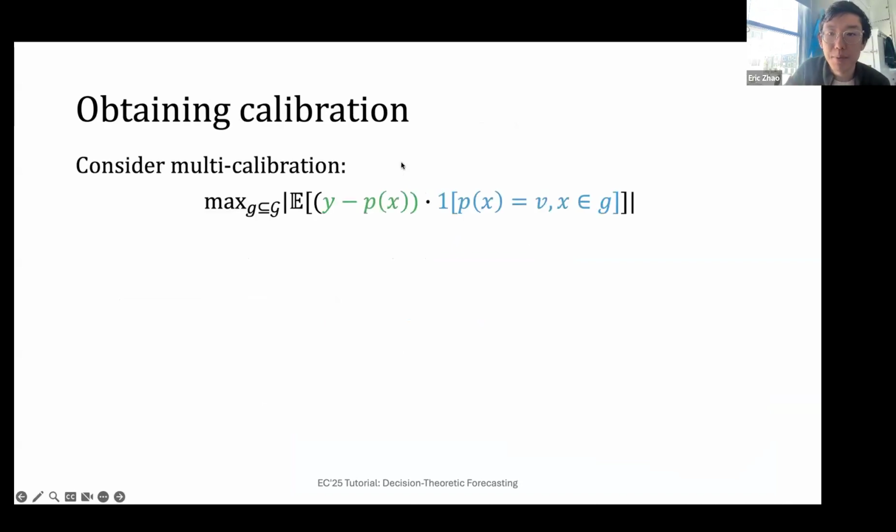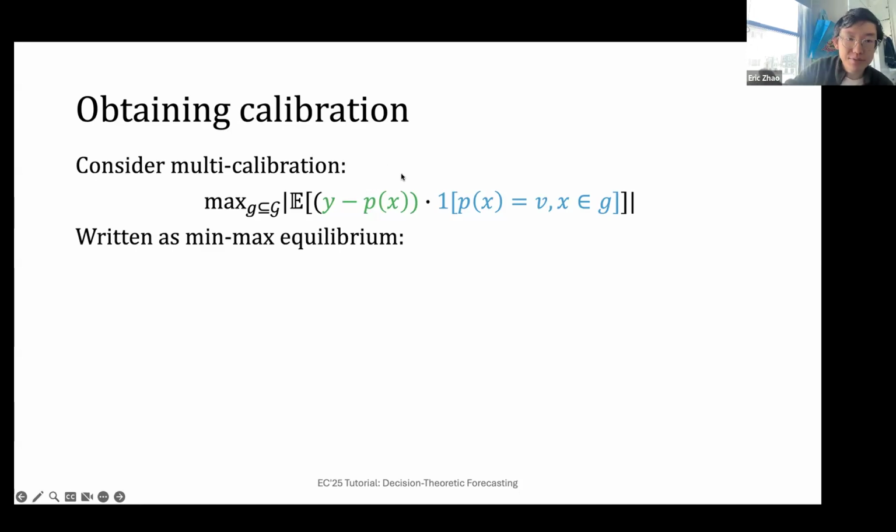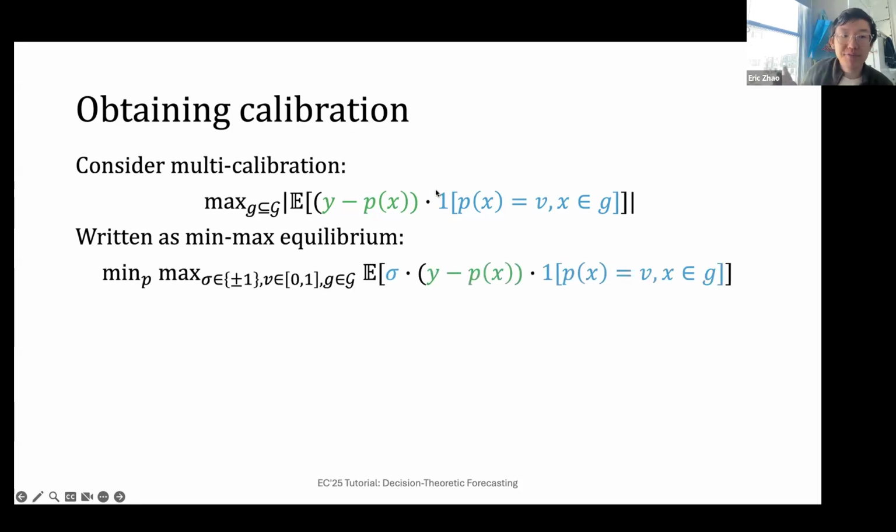But let's just consider, for example, multi-calibration. This is a definition I introduced in the previous slide, where we're asking for unbiasedness conditioned on both the level set of my predictor and specific subsets of the domain. The nice thing is that you can always write these calibration objectives as finding a min-max equilibrium, where we're trying to find a predictor that minimizes the calibration loss.